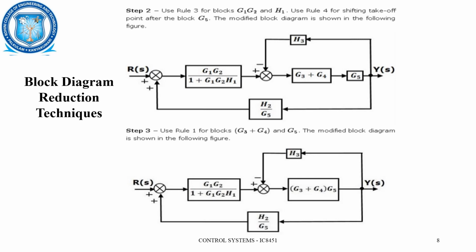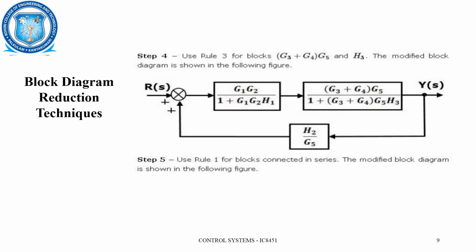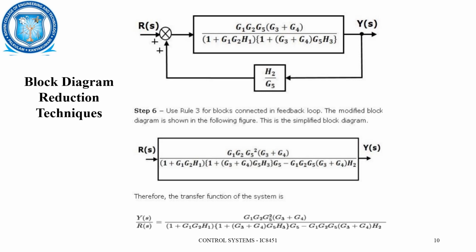We can reduce this feedback path. We have an equation. These are connected in cascade, so they can be multiplied, and again it is a positive feedback loop. We can apply this accordingly, and then we can find out the transfer function y of s by r of s. It's a simple calculation.